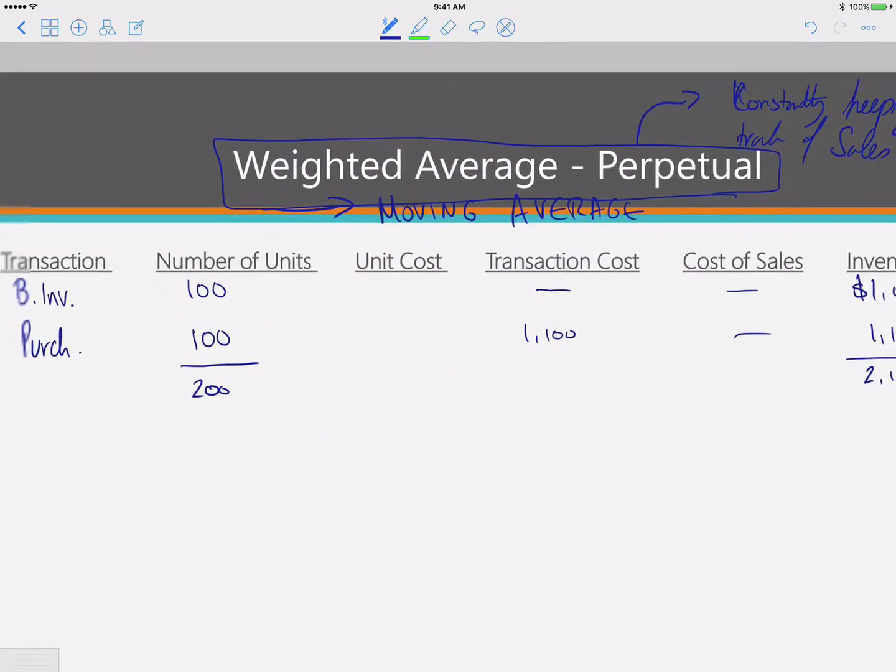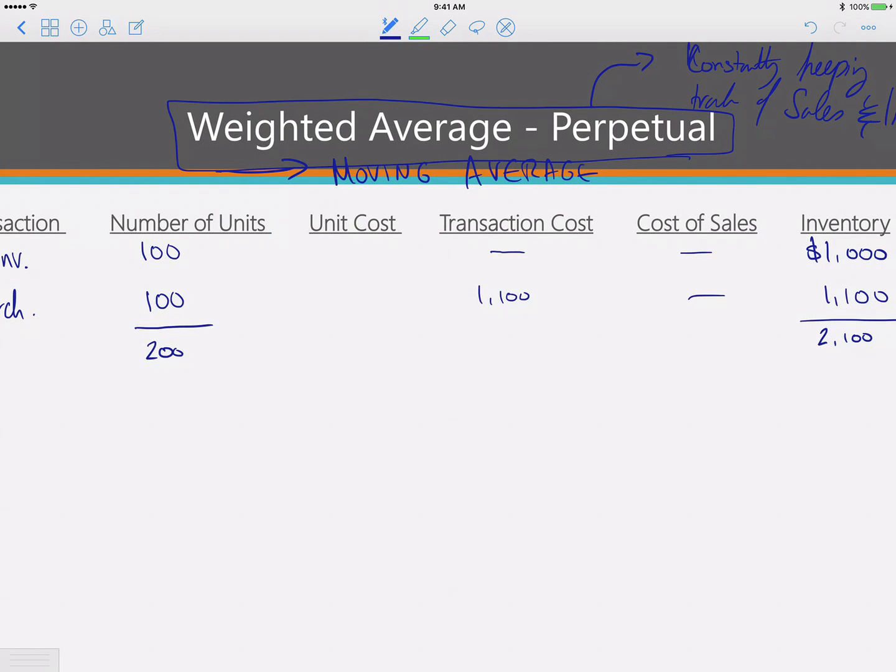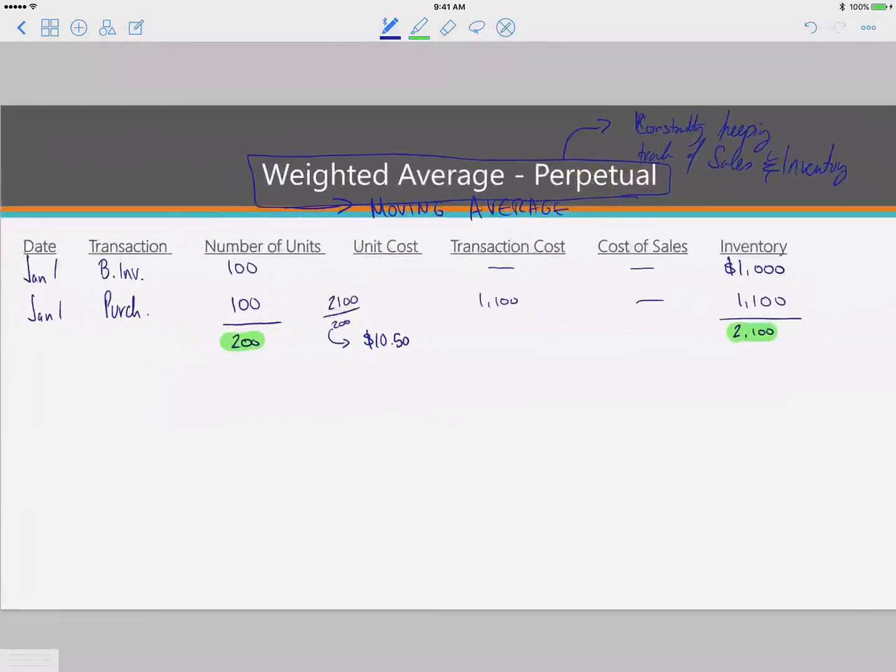So in order to get the unit cost, you would just divide 2,100 by 200, and that gives us a unit cost of $10.50. So on average, we paid $10.50 per unit.